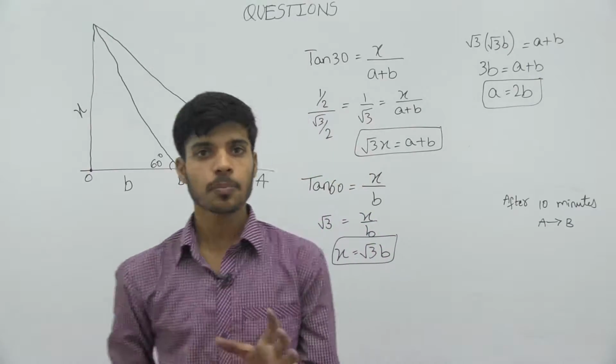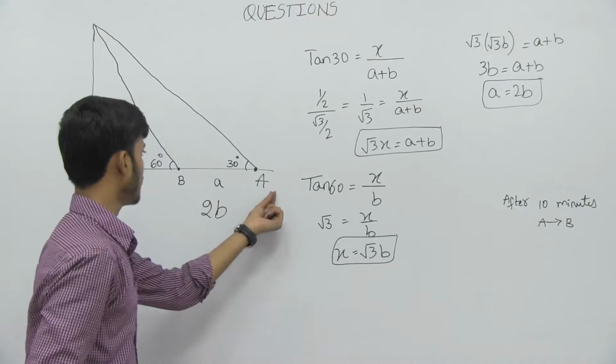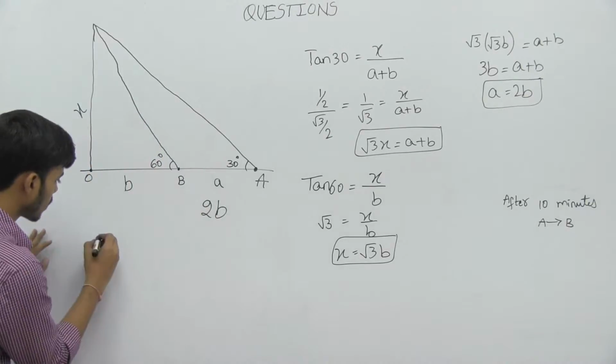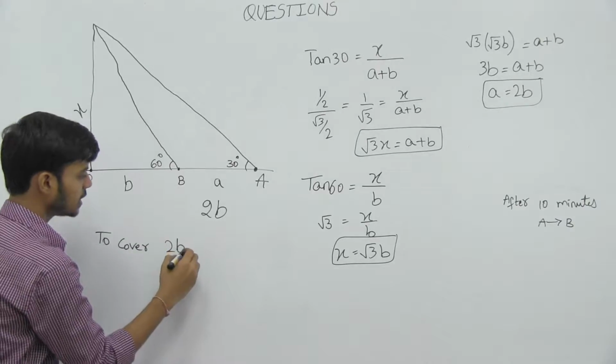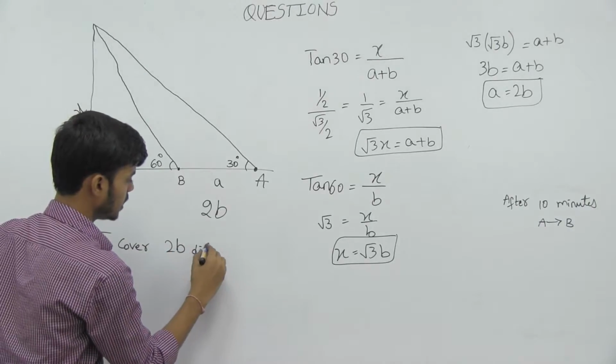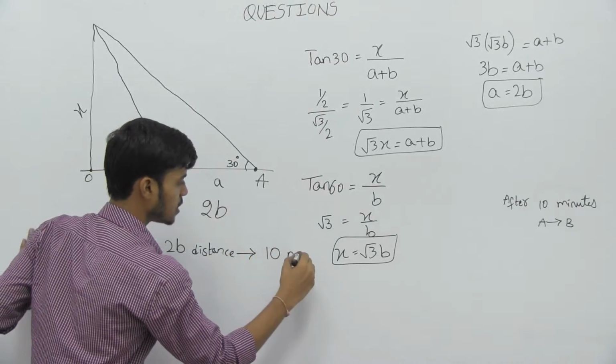Now we are given the time which he took to reach from point A to B. So to cover 2b distance he took 10 minutes.